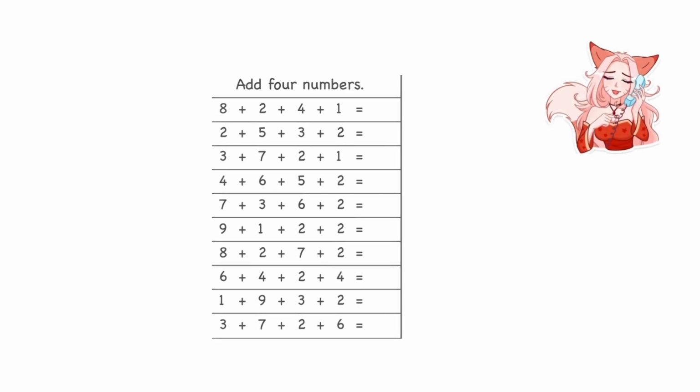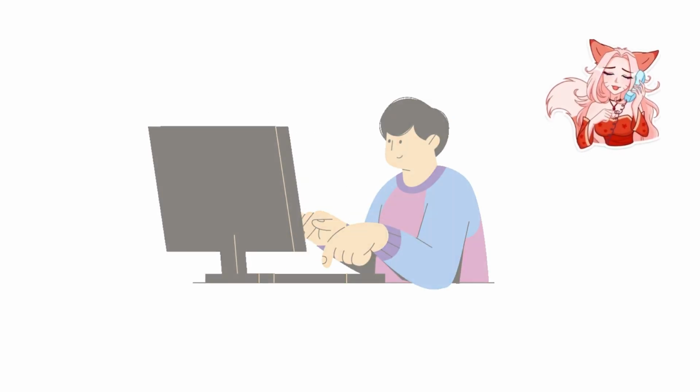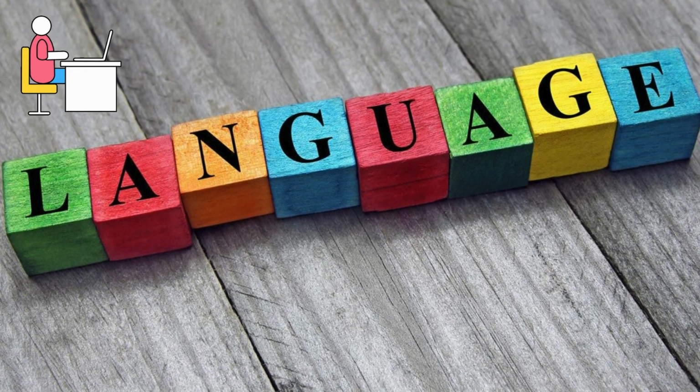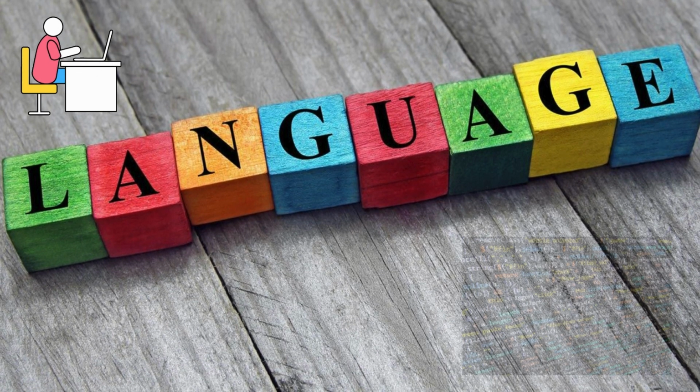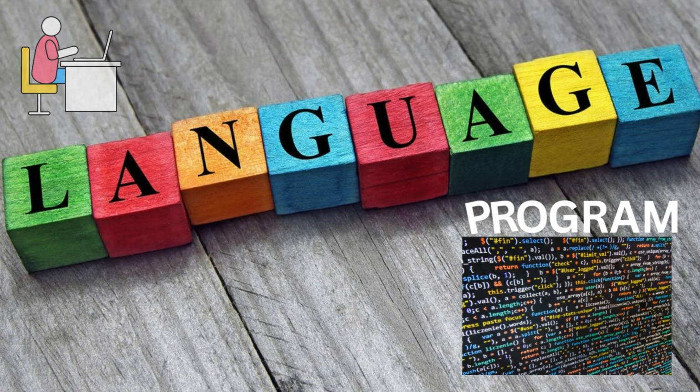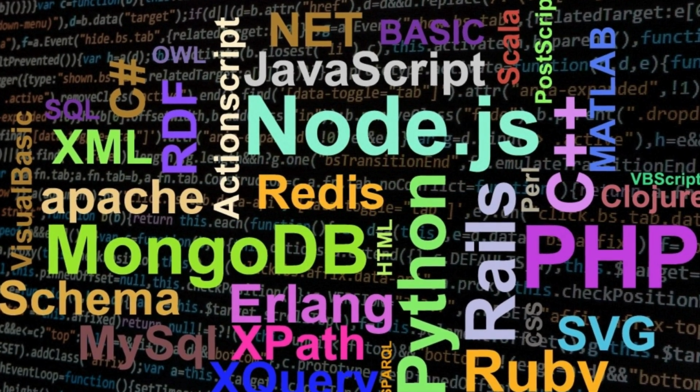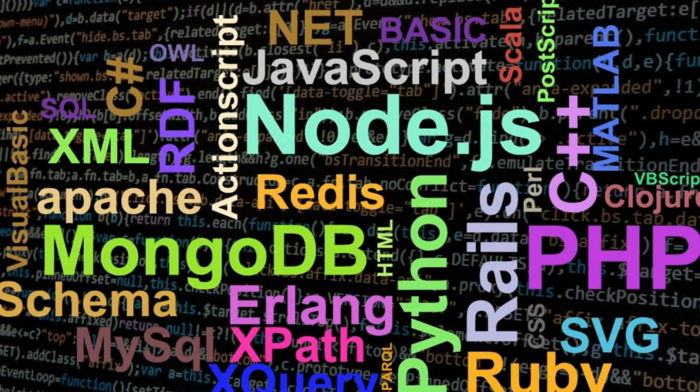These instructions could be to add numbers, store information, or even play a game. The language in which these instructions are written, or rather the language in which this program is written, is known as a programming language.